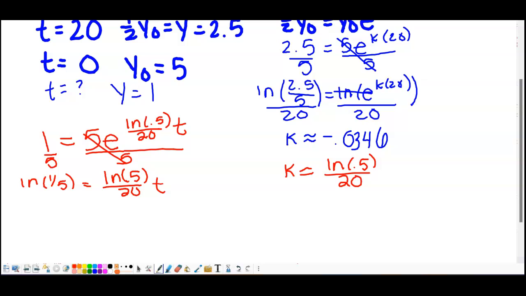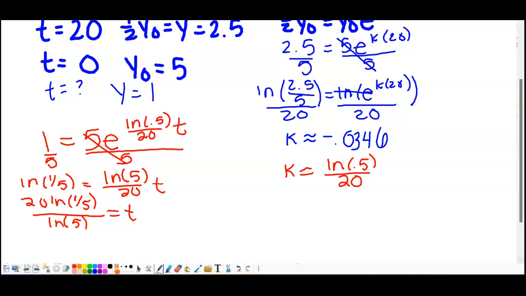Flip it, so you get 20 ln 1/5 over ln 0.5 equals t.